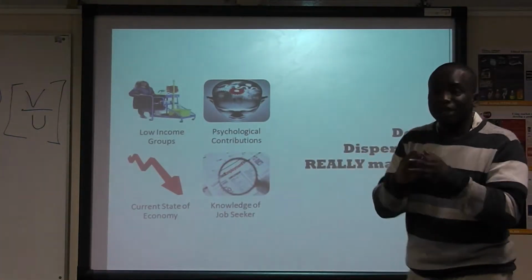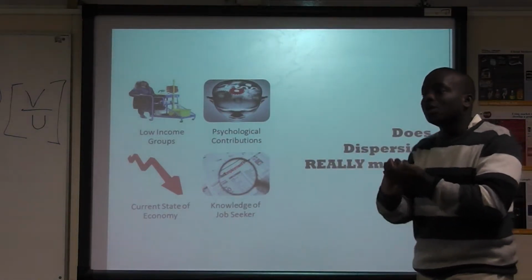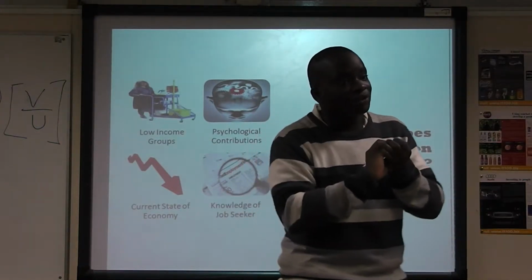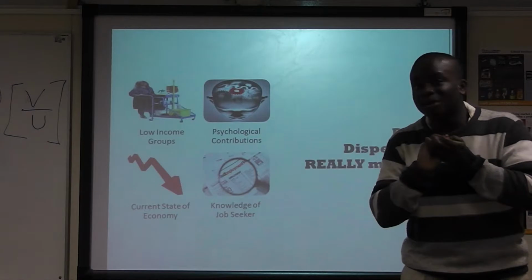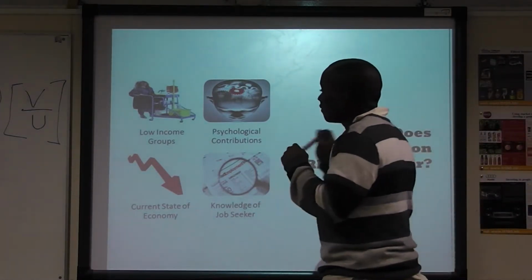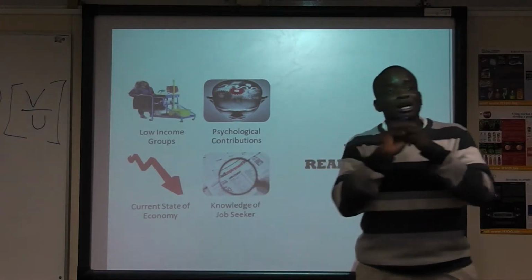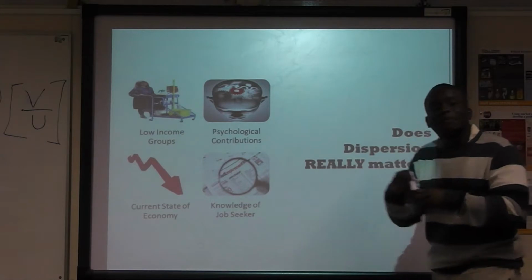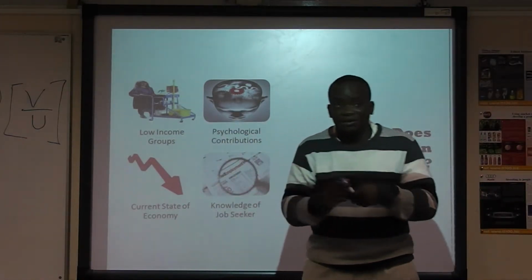But in the study that I consulted, the sample was unemployment insurance recipients. So these are people who work in low-income industries, relatively poor people. That's why I felt that throughout the essay it was important to distinguish that low-income groups are exempt from dispersion affecting them significantly.